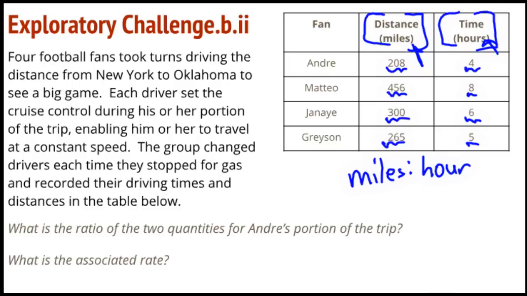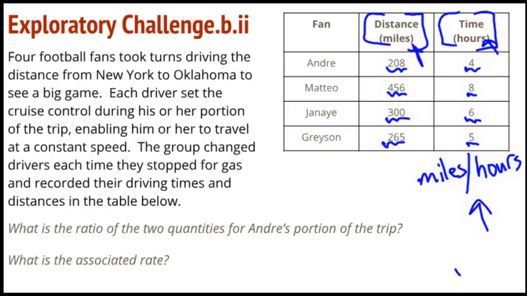And so what is the ratio of the two quantities for Andre's portion of the trip? So I want to point out right here that we have our rate unit. Our rate unit is going to be this ratio, this comparison of miles and hours. That's the rate unit. Now we're going to look at the numbers to find the unit rate. We're going to look at the number part of these ratios and determine what this means.